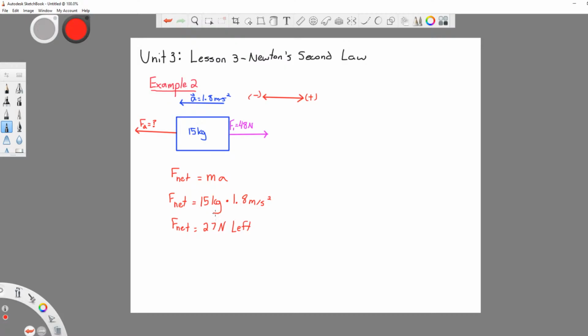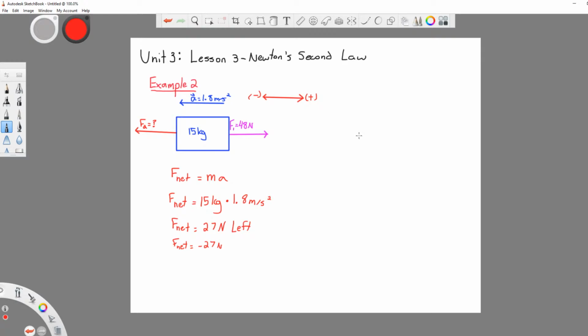And let us make this then, F net, since it is to the left, is going to be negative 27 newtons. Alright, and that would be forward, or to the right. So negative 27 right. Okay, we now have net force. Our net force is pushing this to the left with 27 newtons.